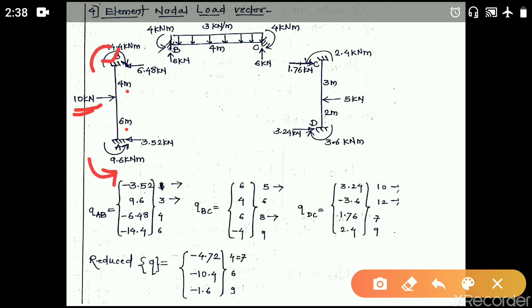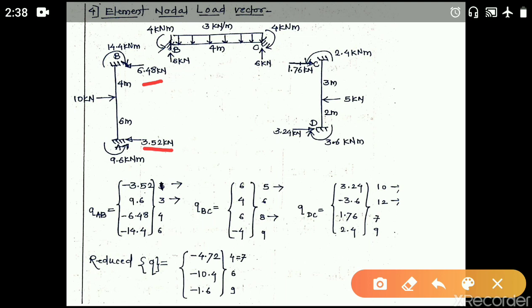The fixed end moment for member AB at end A is 9.6 kilonewton meter in anti-clockwise direction, and at B 14.4 kilonewton meter in clockwise direction. After that, determine these reactions by using the equations of equilibrium: 3.52 and 6.48 at B.